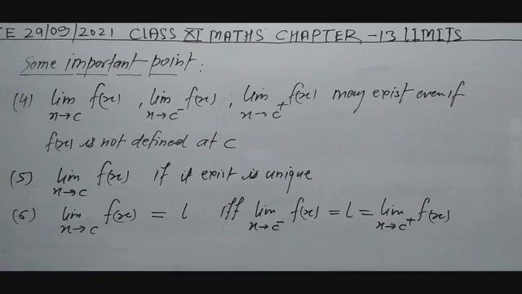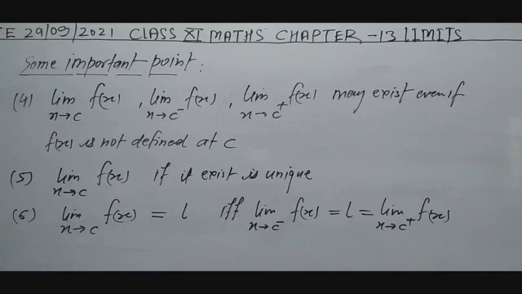The first point was in this some important points: f(x) must be defined for all x in the deleted neighborhood of c. Now second point is for the existence of limit x tends to c minus f(x), f(x) must be defined for all x in the left neighborhood or left deleted neighborhood of c.